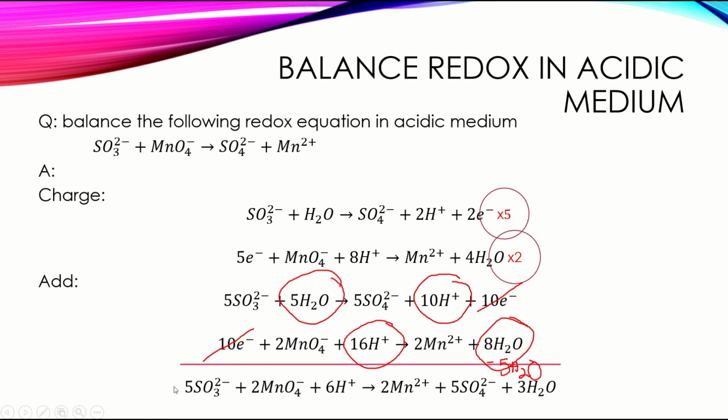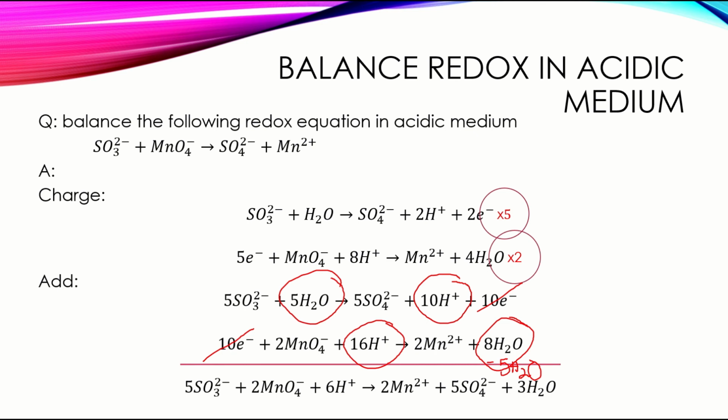So now we have the full equation: 5SO3 2 minus plus 2MnO4 minus plus 6H plus produce 2Mn2 plus plus 5SO4 2 minus plus 3H2O. To double check this equation, you can calculate each element and the charges to see whether they are the same on both the right and left side. So that's all for balanced redox in acidic medium.